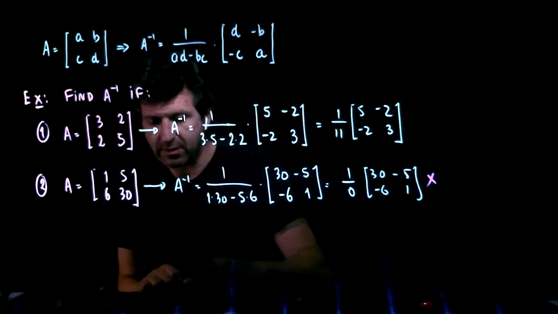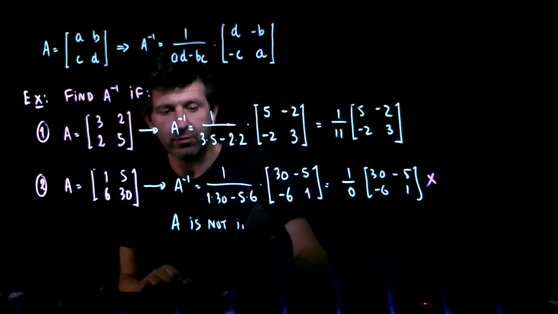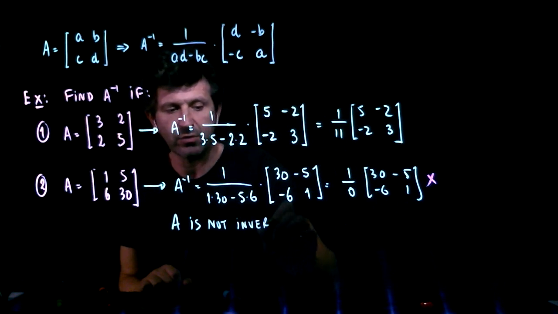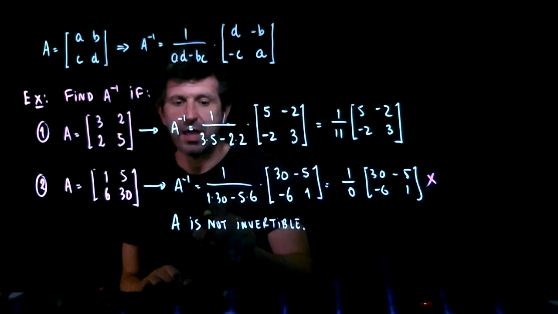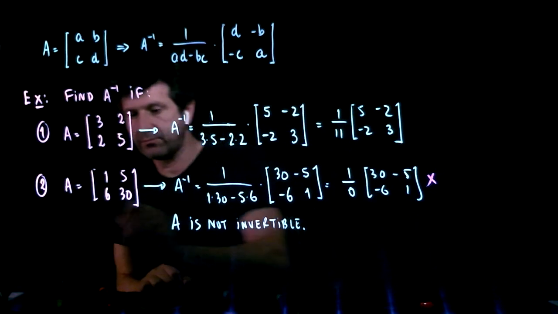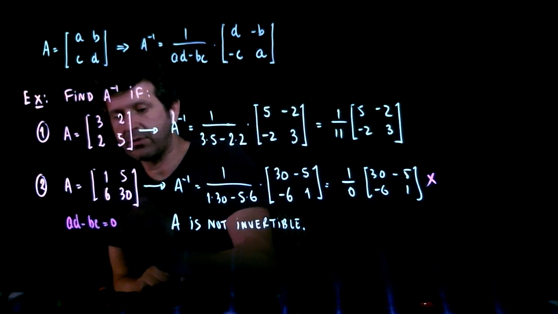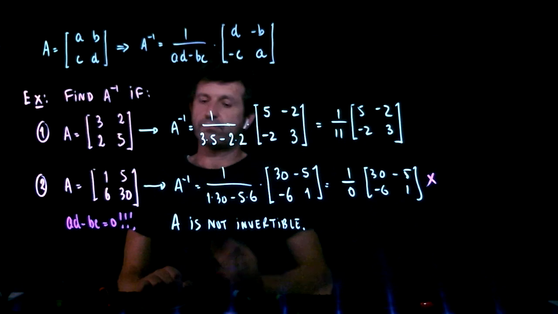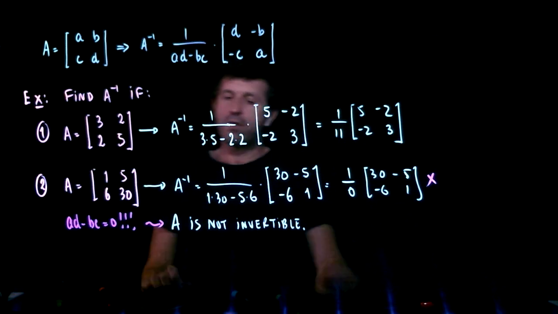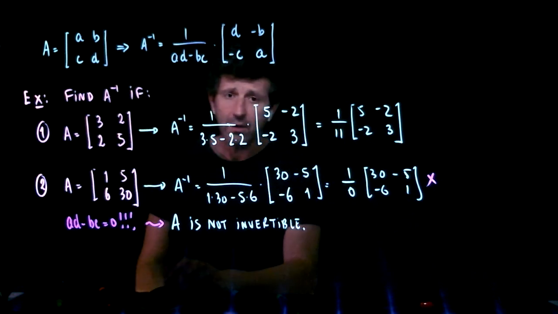So in this case, matrix A is not invertible. It's a singular matrix, because as you see, AD minus BC is equal to 0. So this is why A is not invertible.